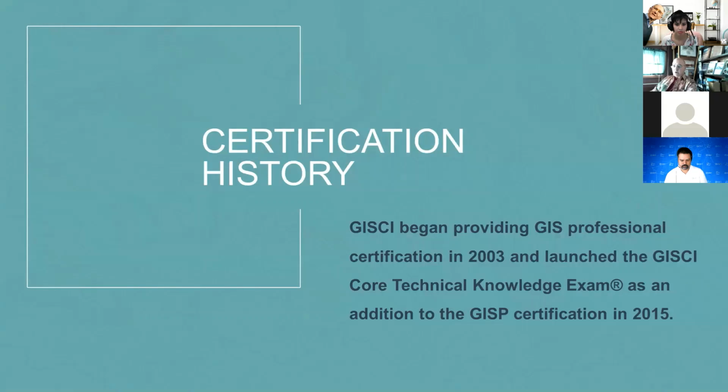GISCI is an institute. We were organized and implemented in 2003, became an official entity in 2004, and we exist and started our existence only to administer the GISP professional certification. It was launched by ESRI, the premier geospatial organization that works with GIS. They're over 50 years old.